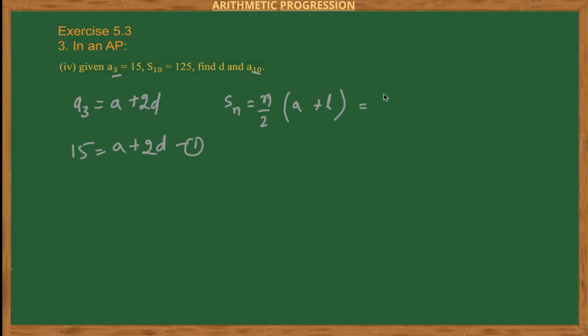Sn is equal to n by 2 into 2A plus n minus 1 into D. The reason we took this particular formula is because we need to have both unknowns, A and D. With this formula only we can get it. If the last term L were given, we could have used the other formula. So that's why we are going ahead with this particular formula to find the sum of the terms.